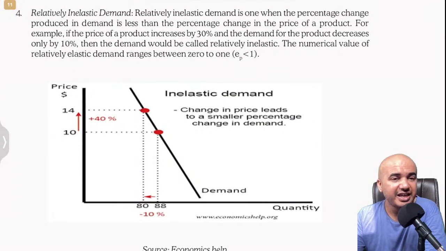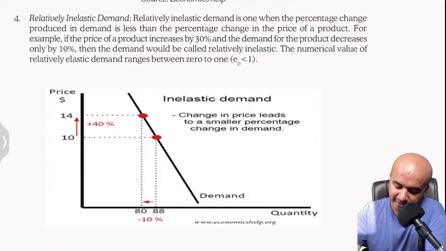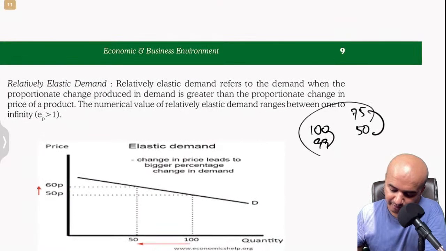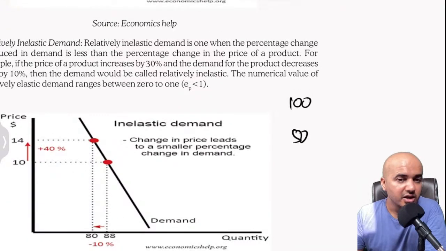Next, relatively inelastic demand. That means the percentage change produced in demand is less than the percentage change in the price of the product. That means the price of the product has come down drastically. The reverse of this example. The price of the product has come down from 100 to 50, whereas the demand earlier was, let's say, 90.